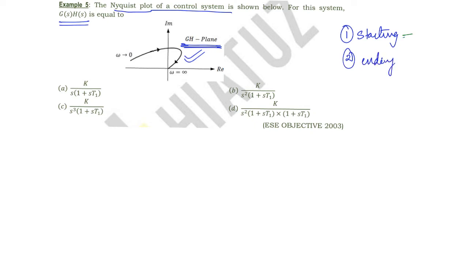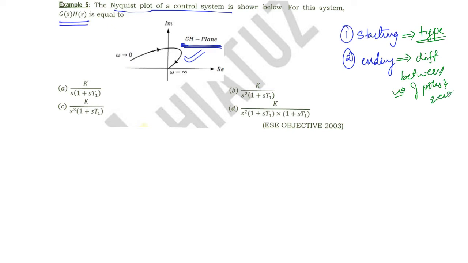From the starting of the plot, you will get an idea of the type of the system, that is the number of poles at the origin, and from the ending, you will get an idea of the difference between the number of poles and zeros.